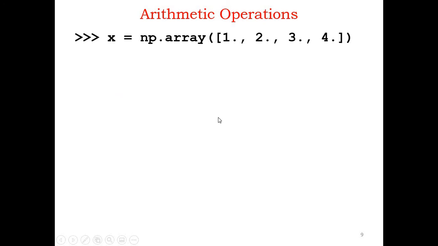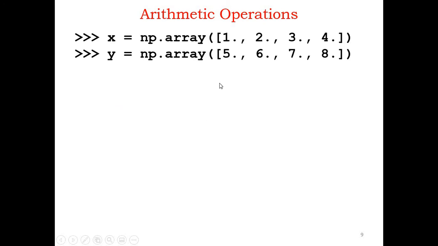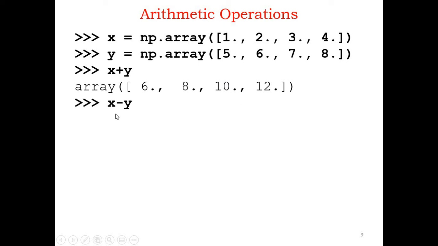Arithmetic operations. Look at this array X and this array Y. Two arrays I show you, two one-dimensional arrays. You can now manipulate these, take these two arrays and do some arithmetic, like for scalar numbers. If you write x plus y, it will give you this. What it means is that it will sum the corresponding elements, element-wise. 1 plus 5, 6, 2 plus 6, 8, 3 plus 7, 10, etc. If you write x minus y, it will of course give 1 minus 5, minus 4, 2 minus 6, minus 4, and so on.